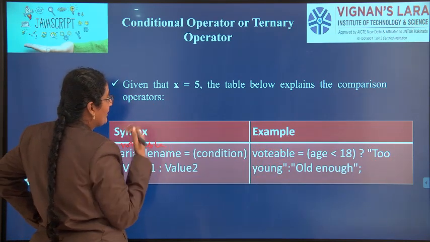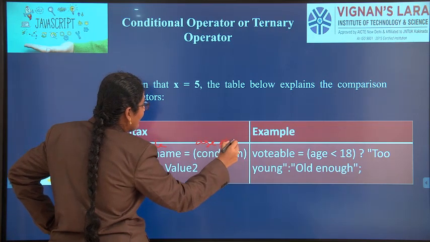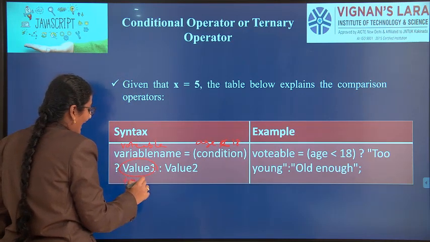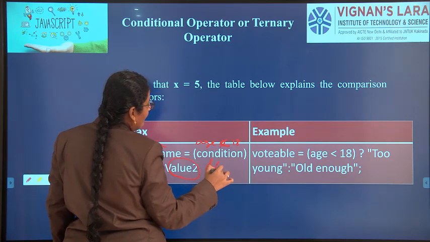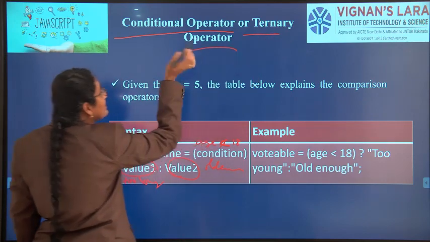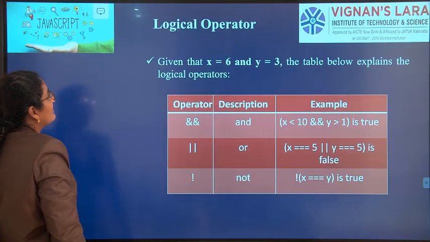Votable, whether I am able to vote or not. What is my condition? Age less than 18. If my age is less than 18, it will tell you are too young to vote. If my age is greater than 18, it will tell you are old enough, you can vote. So that is the conditional operator or ternary operator. This you will have in C programming also.